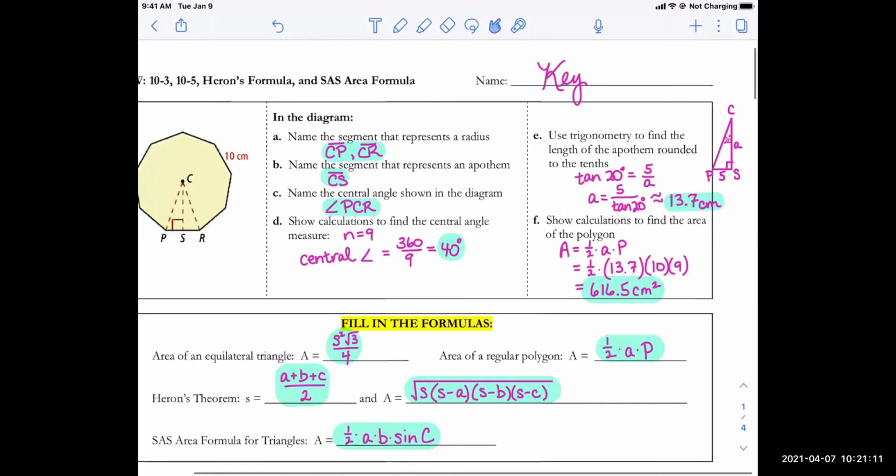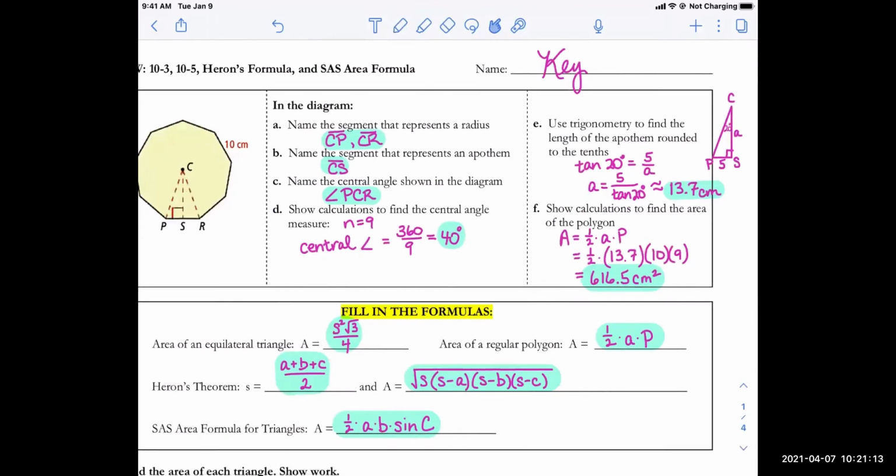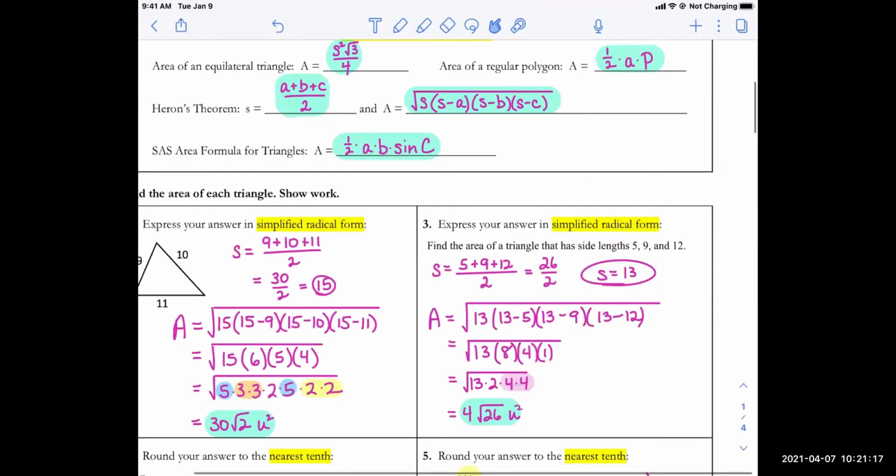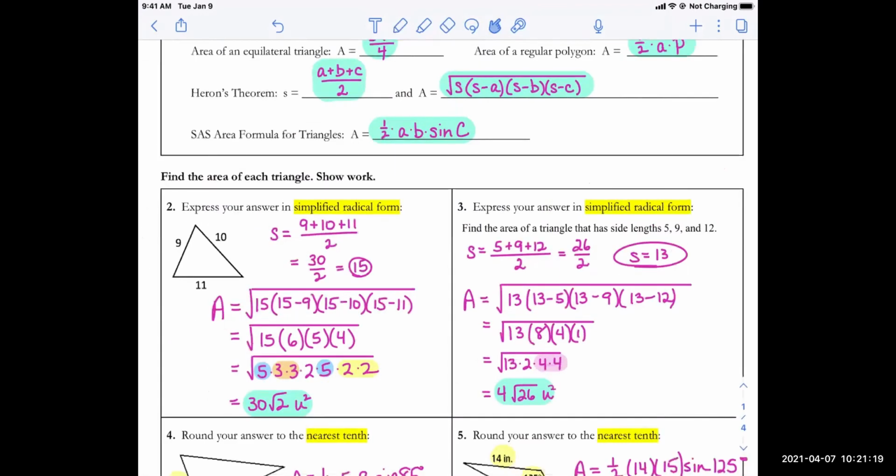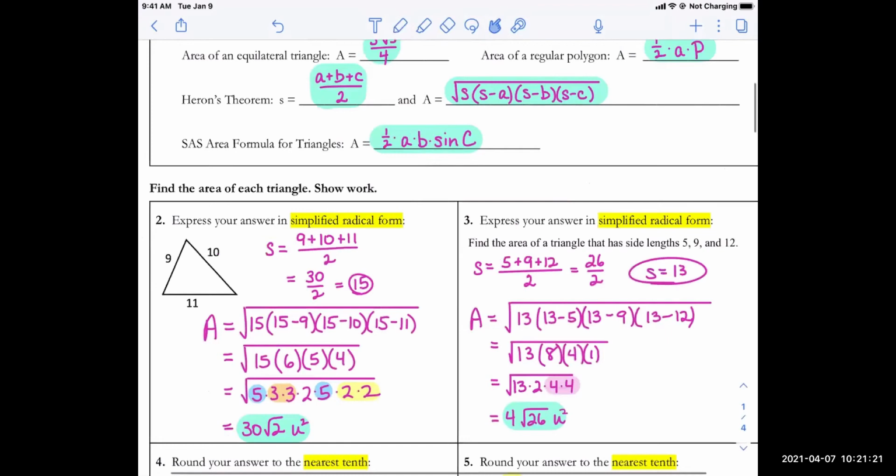Okay, any other questions on the top group there? Okay, so 2 and 3 are Heron's formula. You use Heron's when you've got all 3 sides in a triangle. So if you know the 3 side lengths, you can figure out the semi-perimeter and then use that to get the area.